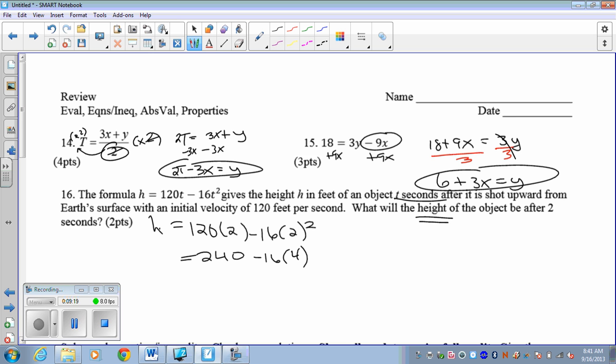Remember, order of operations. Got to do the exponents before you multiply. 16 times 4 is 64. And that leaves us with what? 176, I think? Is that right? Yeah. So that is the height in feet. So we got 176 feet.